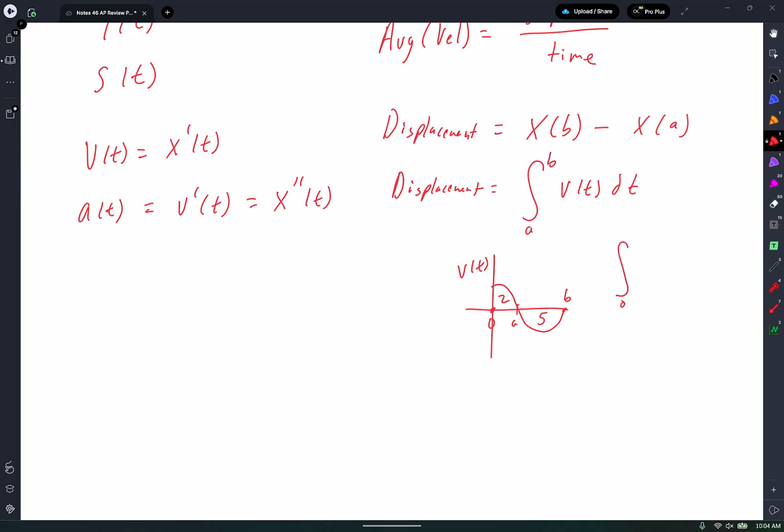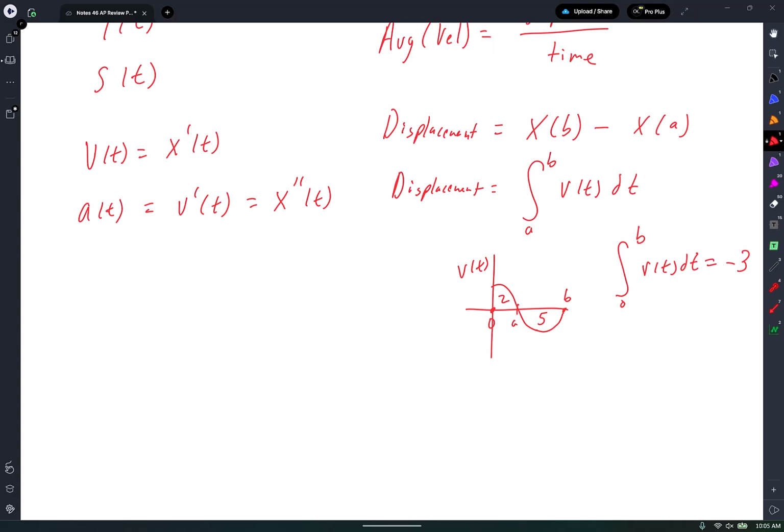If I go integral from 0 to B of v of t dt for this one, what do you get? -3, because I have a 2 above and a 5 below. That just means my displacement is 3 to the left of where I started at time t equals 0. Does that make sense? Okay.